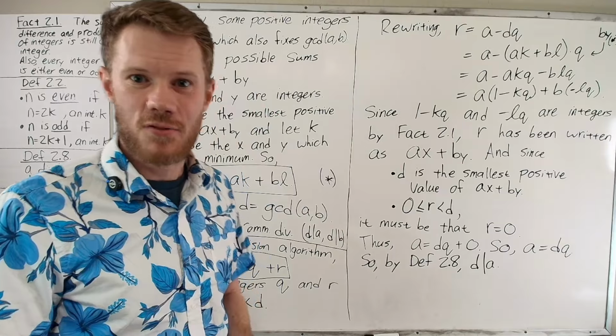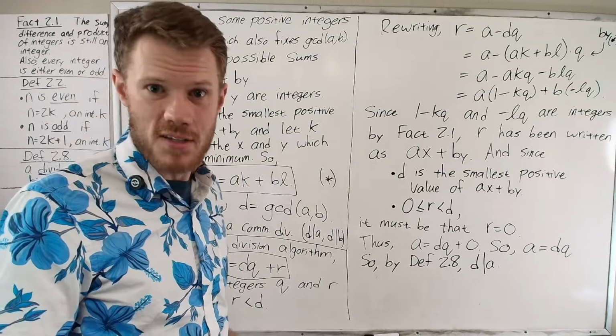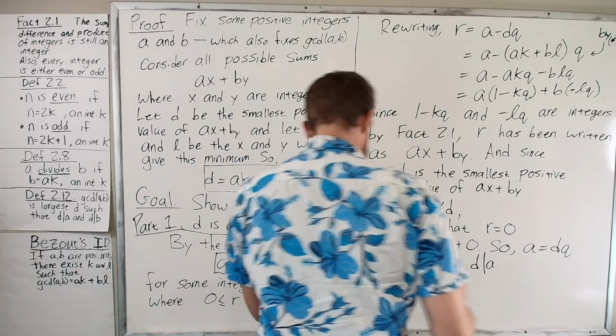It would be good exercise for you to sit down and write out the proof for the B part to conclude that D divides B. But for the sake of this video, I won't do that.